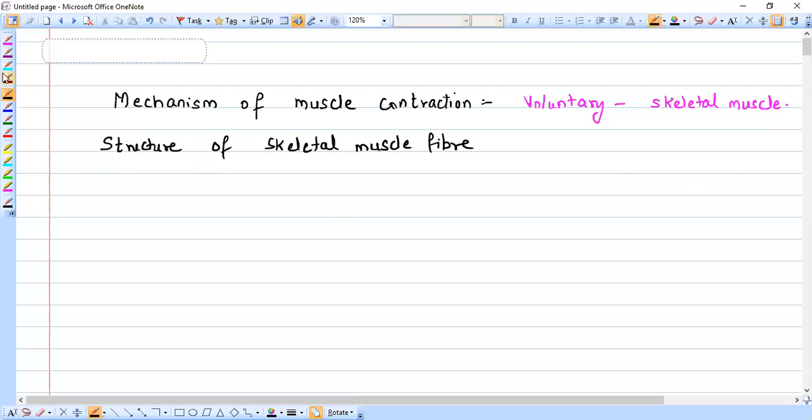So for this, I will be drawing one diagram. Normally when I look at this structure, it appears something like this, where in between it is going to show striations. Because this is striated, it is voluntary in nature, it is in our control.